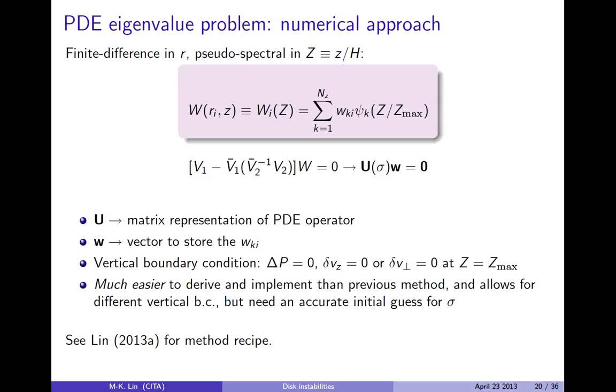But the downside I found was I had to guess the eigenvalue of the mode to good accuracy. That's not a huge problem for me because I've done the polytropic disk problem, so I know what the eigenvalue should be. So this actually worked out pretty well.